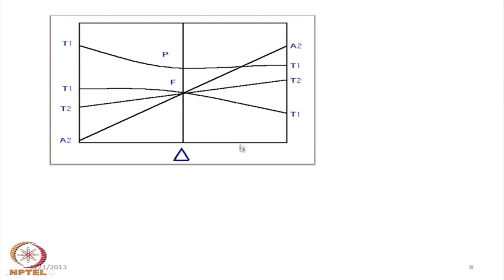So, what is happening at this particular delta value, that means this particular crystal field value, is crucial, and above it we have a crossover, because before this crystal field the A2 is the ground state and T1P is the excited state, but after this, when the delta value is high, the T1P is the ground state and A2 is the excited state.